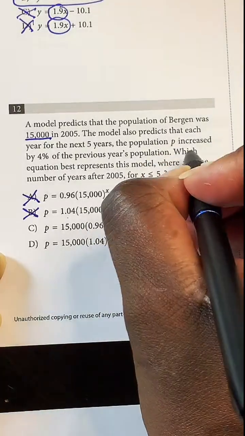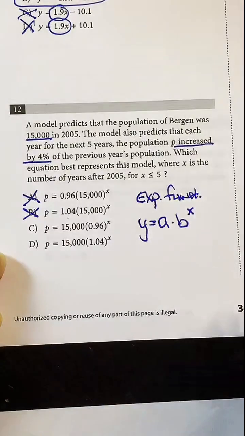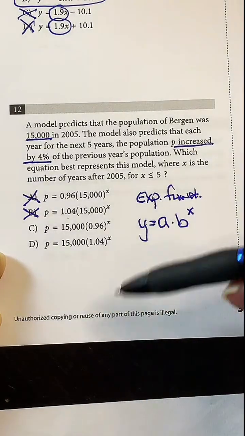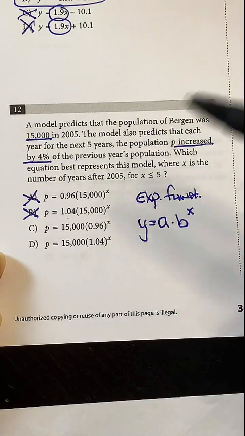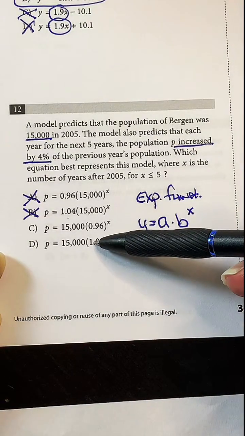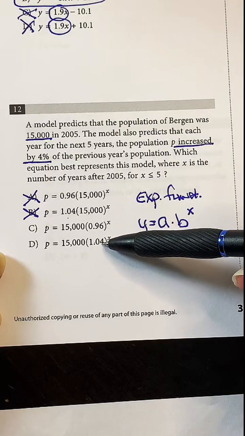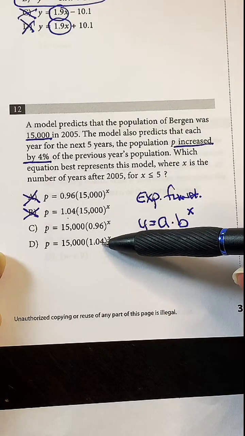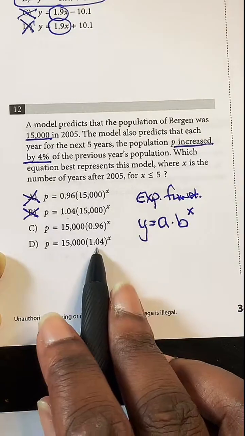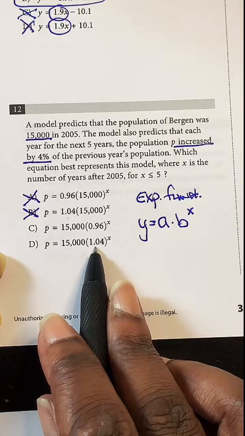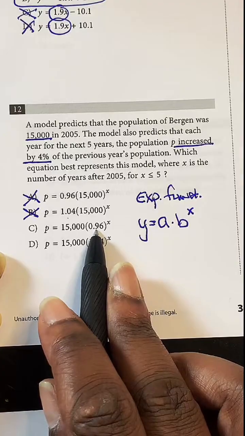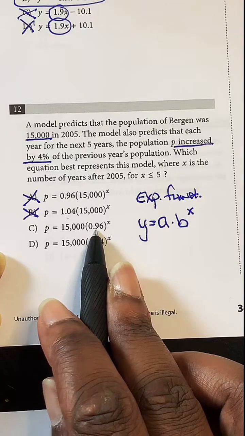Now, this is what's happening. It's increasing by 4%. So if it's increasing, you're going to have that first year plus the 4% that's growing each and every year. So inside the parenthesis is representing the rate. This 0.96 is not showing the increasing.